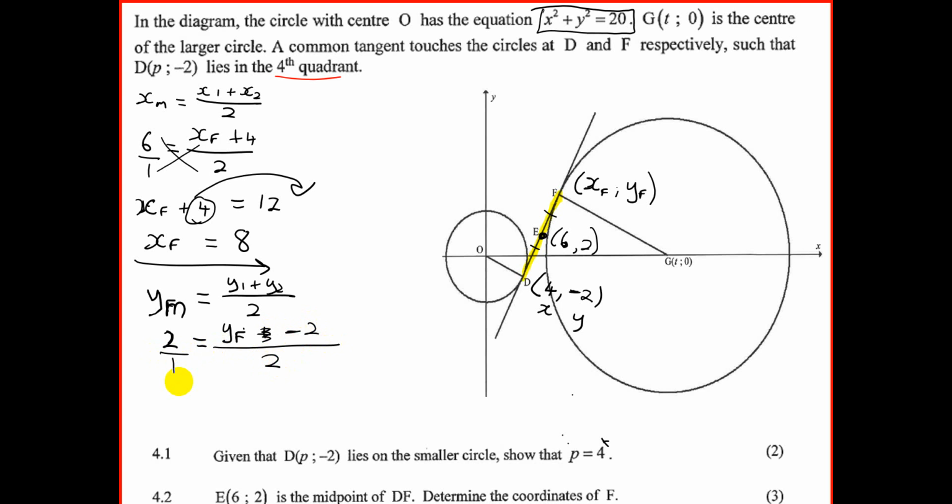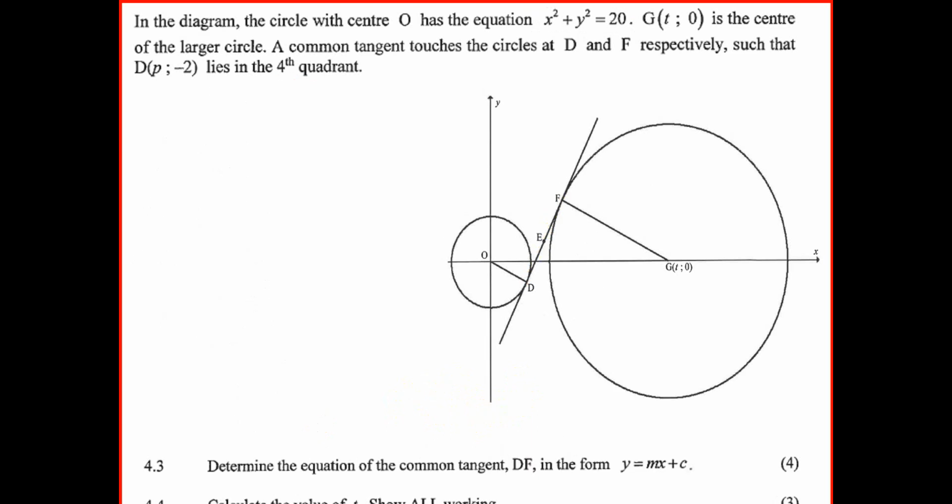And once again, we're going to put 2 over 1, cross multiply. We're going to get yF minus 2 is equal to 4. The y value of F, take your minus 2, becomes a plus 2. It goes on the other side, giving us a 6. And our conclusion is that F would be the point 8, 6.